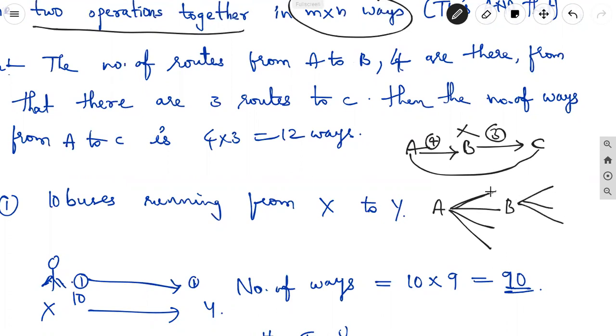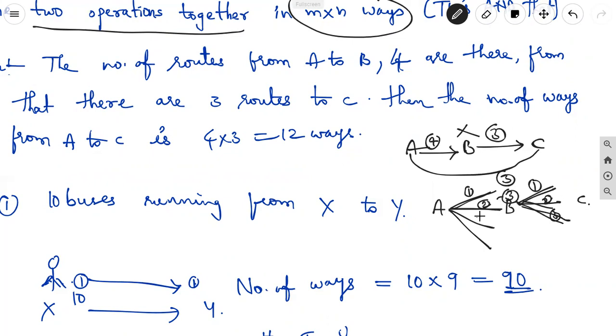Here we use the first root from A to B. From B to C, we can use the first root, second root, third root. So in the first root, B to C, 3 roots means 3 ways. In the second root from A to B, again we can use the 3 roots from B to C. That is 3 ways.